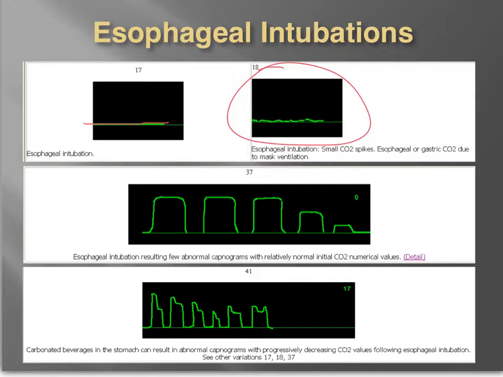You can see this one I just circled. It could be an esophageal intubation, and there might be carbon dioxide in the stomach. It could be carbon dioxide from carbonated beverages or what have you. Capnography.com is more geared towards anesthesiologists, so sometimes it can get difficult to navigate through, but nevertheless it is a good site for trying to learn.